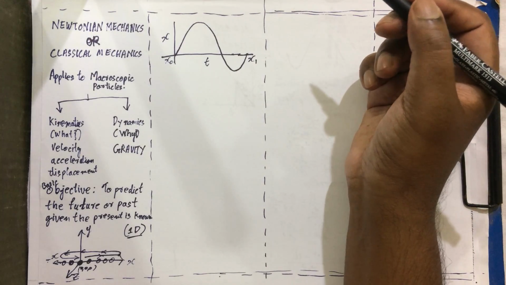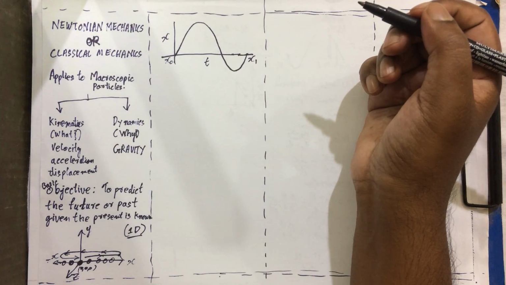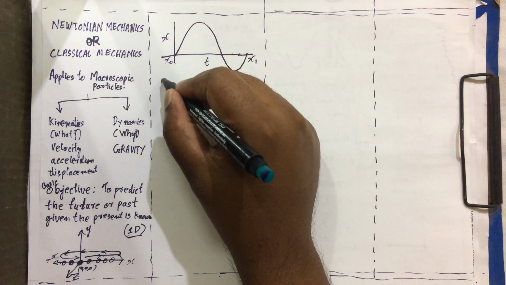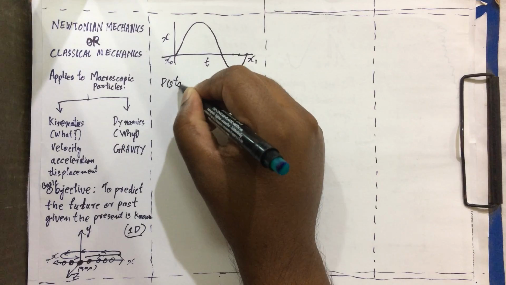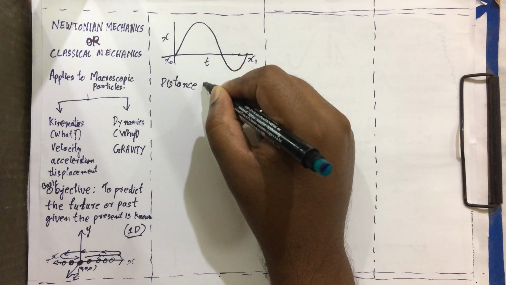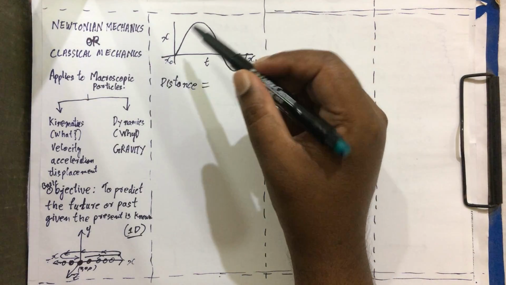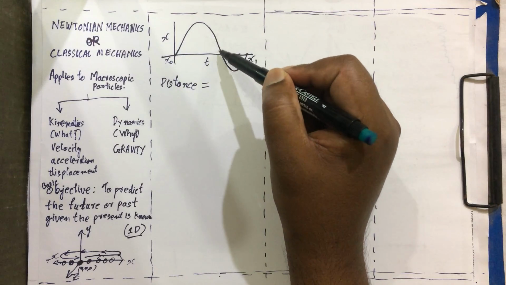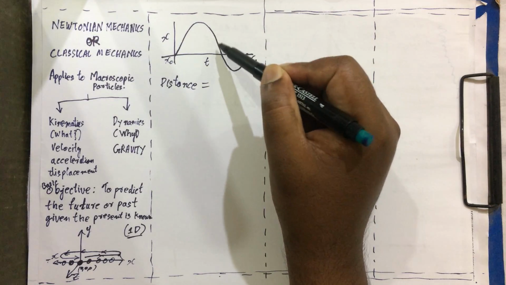So in Newtonian mechanics, there are certain concepts which we will go through right now, like what is the distance traveled by the particle. The distance is the entire perimeter of this curve.